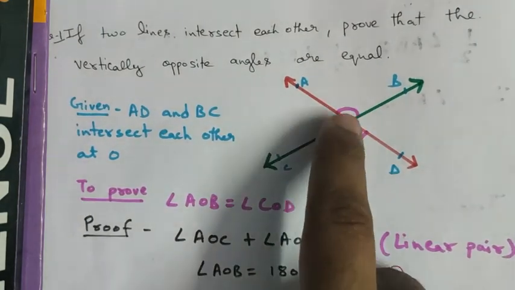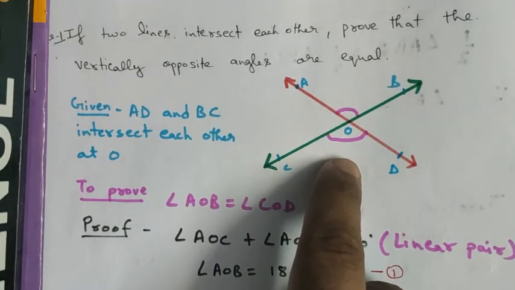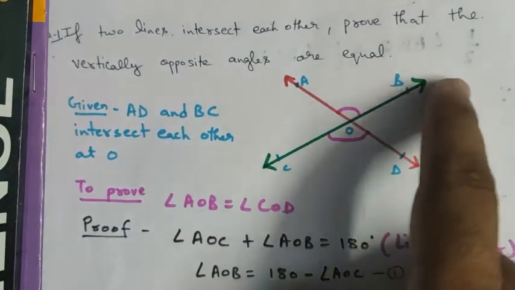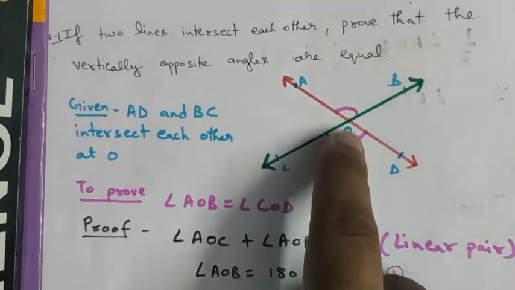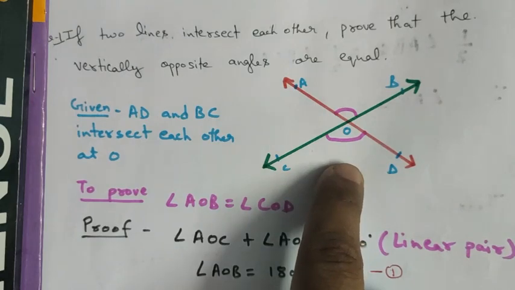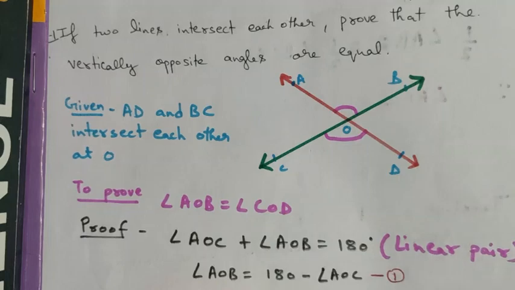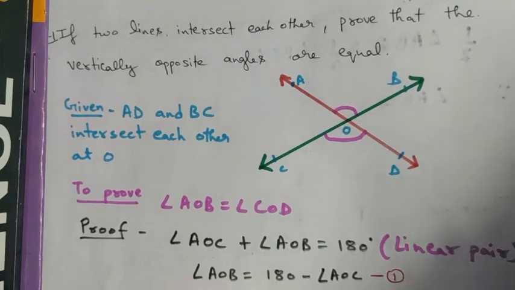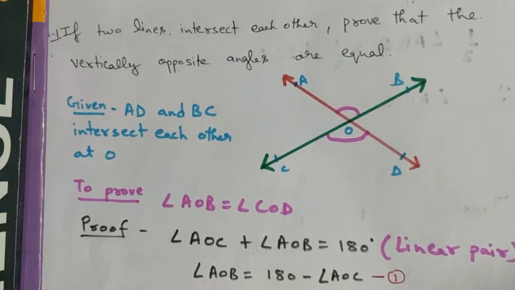We need to prove that they are equal. You can take the other two angles also, AOC and BOD. Once you have proved that one pair of vertically opposite angles are equal, similarly you can prove the other pair also. Here I am just showing you how to prove one pair.